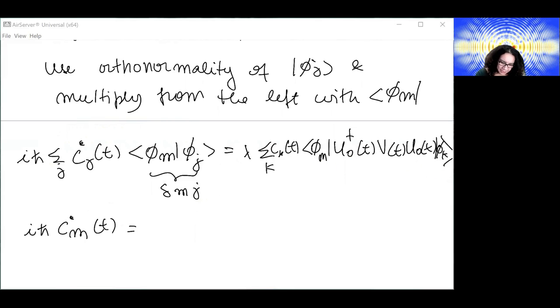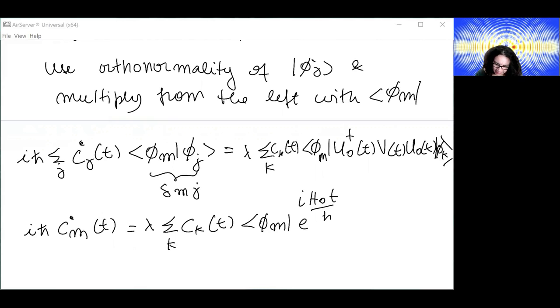So we have lambda sum over k c_k(t) phi_m e^{iH0 t/h-bar}. So I'm applying this operator to this. And here I'm going to have the rest.